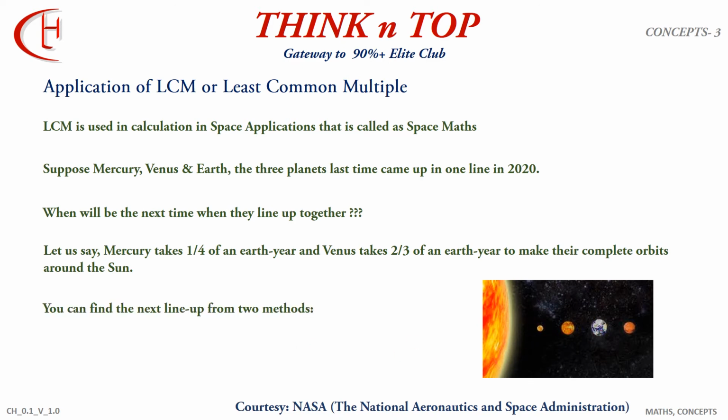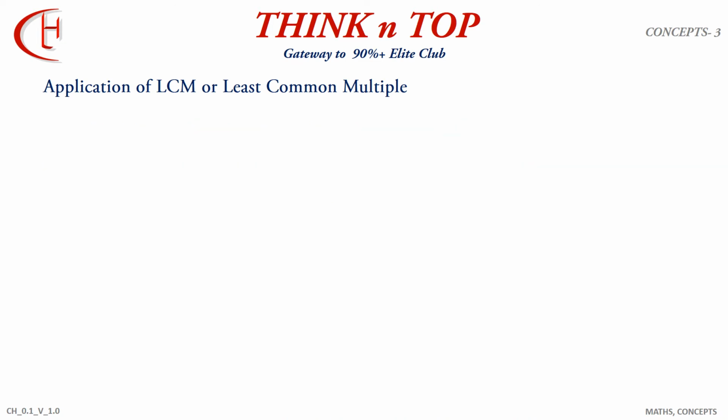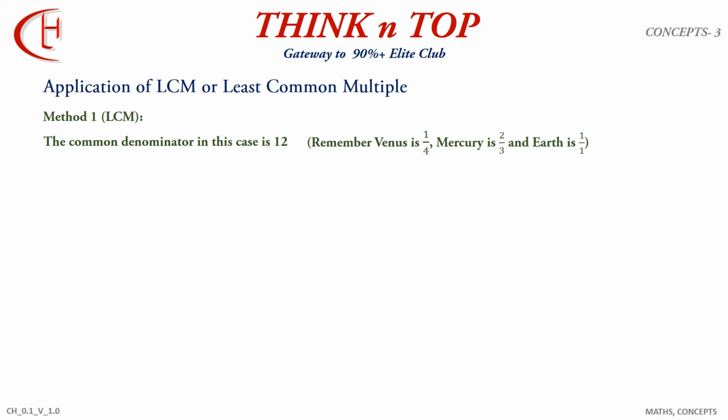So what we have to do is that we have lined up 2 methods for you to understand. The first method involves LCM and the other method is a different method, and we will verify whether we get the same number from both. Now method 1, the common denominator in this case is 12. Remember, Venus is 1/4 of Earth year, Mercury is 2/3 of Earth year and Earth is 1/1.